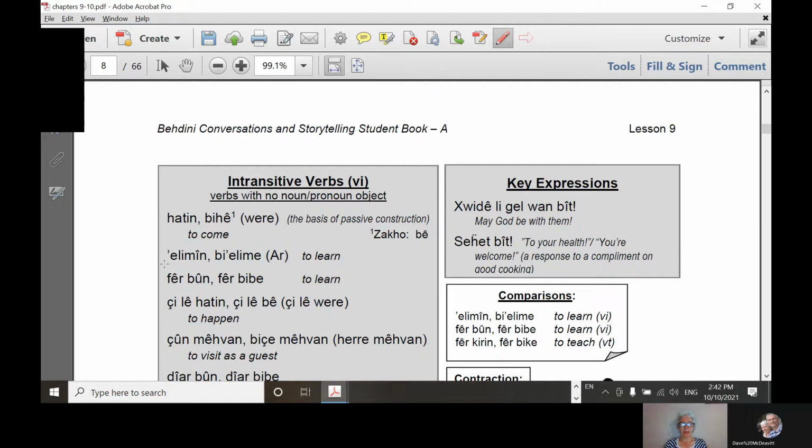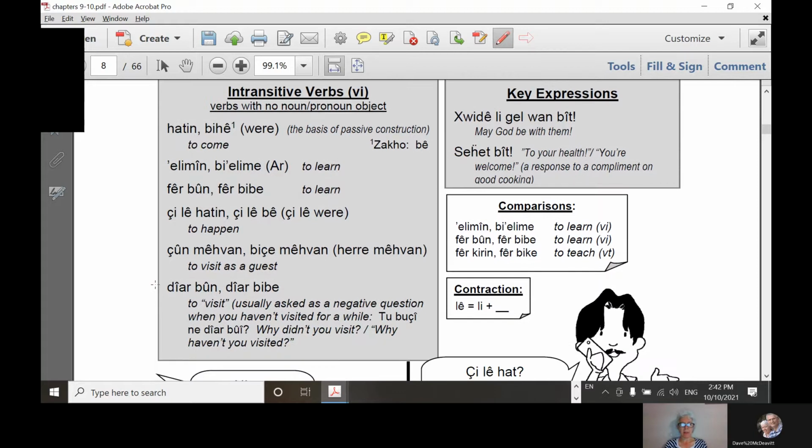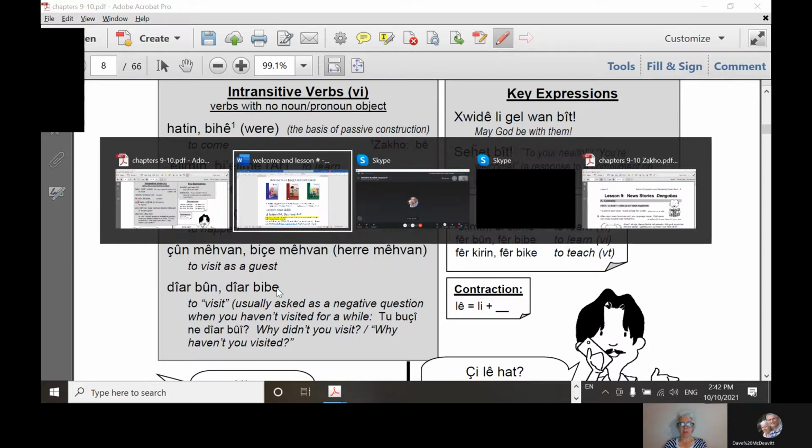Alamin, ba'alama, and ferbun. In English, we think of these verbs as being transitive because you have to learn something. But in Kurdish, their structure is intransitive. Something happened in English, but in Kurdish, the object is wrapped up in a prepositional phrase, which is lay, which is a contraction of le plus something. I'll show you that.